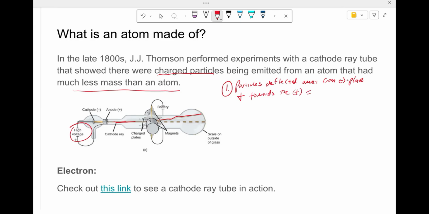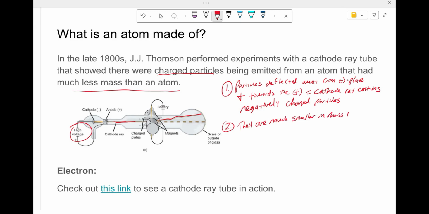That means whatever was in the cathode ray contains negatively charged particles. Secondly, these negatively charged particles are much smaller in mass than an atom.